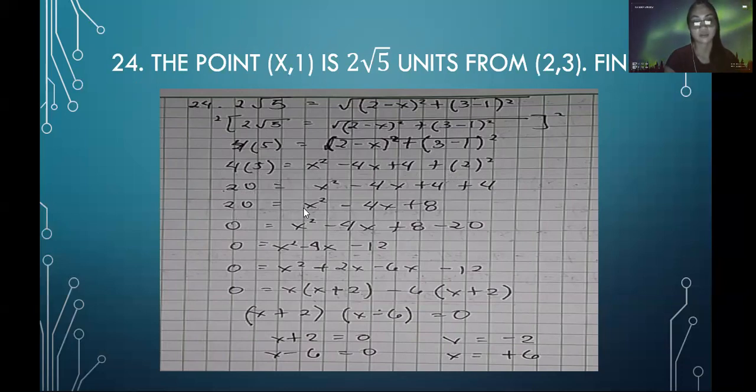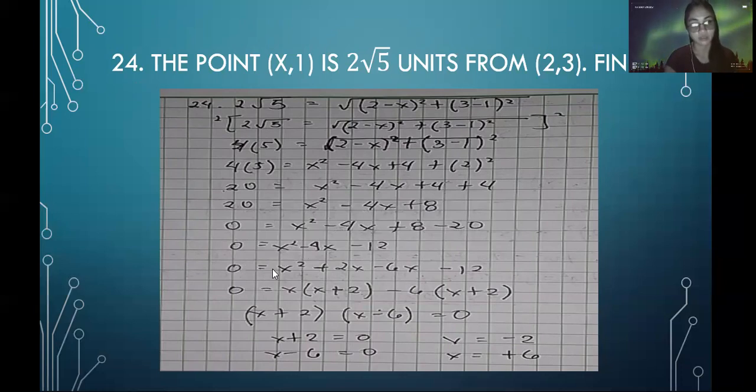So 20 is equal to x squared minus 4x plus 4 plus 4 is 8. So transpose 20, so that will become negative 20. So 0 is equal to x squared minus 4x plus 8 minus 20. So 0 is equal to x squared minus 4x minus 12, which is the value of 8 minus 20.